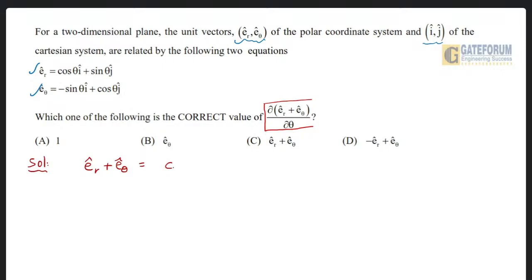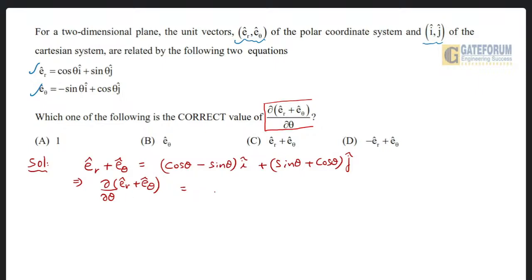So cos theta minus sin theta into i cap plus sin theta plus cos theta into j cap. Now find the partial derivative. Dou by dou theta of e_r cap plus e_theta cap is equal to, this is a partial derivative. Partial derivative with respect to theta means r is constant. Of course, here there is no r.